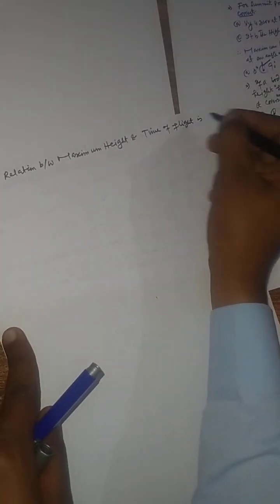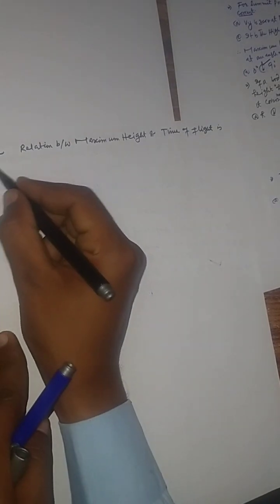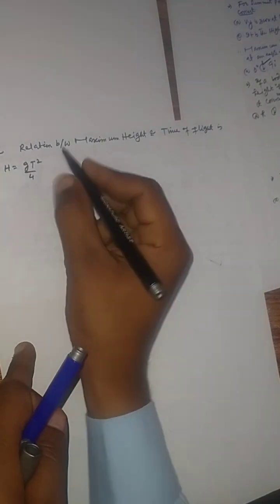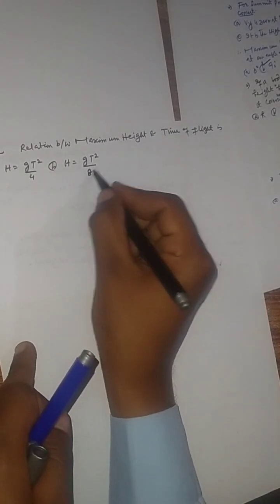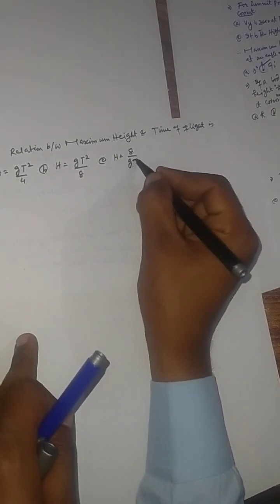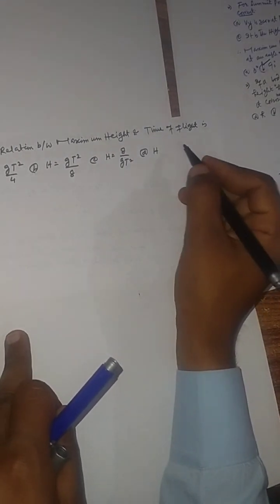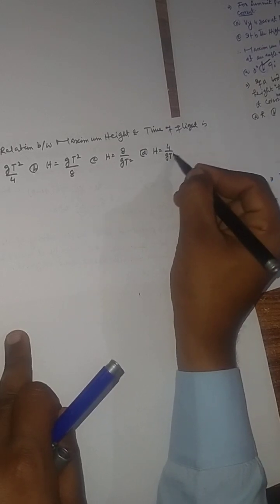The relation between maximum height and time of flight can be given as: option A, h is equal to gt squared by 4; option B, h is equal to gt squared over 8; option C, h is equal to 8 over gt squared; or option D, h maximum equals 4 over gt squared. So what will be the correct answer?